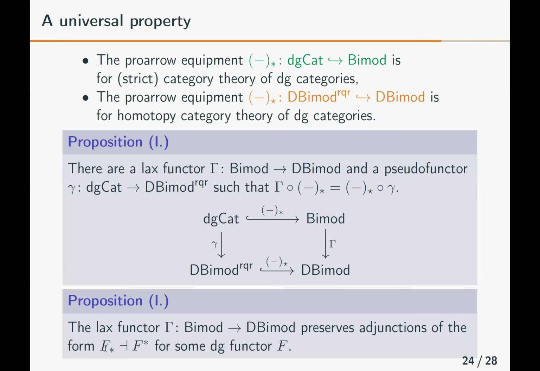This proposition means that the pair of gamma and small gamma behaves like a morphism between pro-arrow equipments. Moreover, this construction satisfies a universal property.